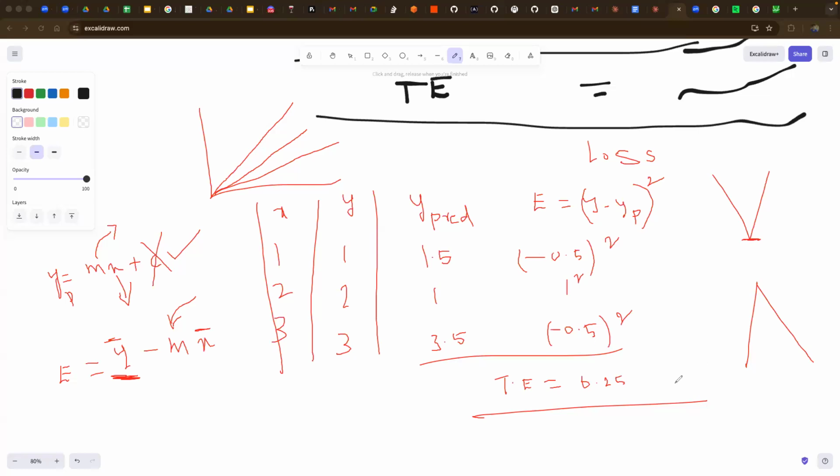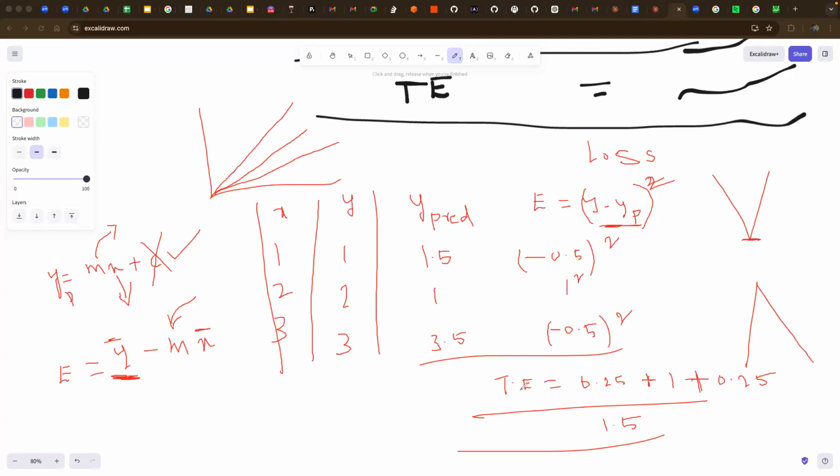Minus into minus is plus. So 0.25 plus 1 plus 0.25, so it is 1.5. The error is 1.5. We call it the sum of squared errors. So this is the error, and the squared error is this one. We are squaring it and calculating the sum.